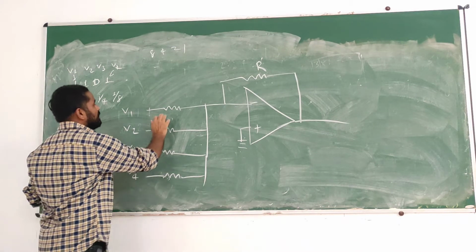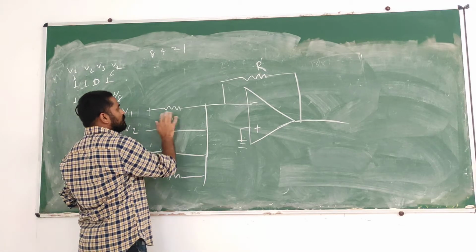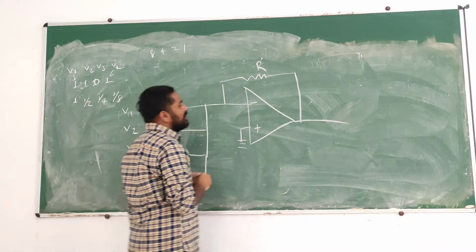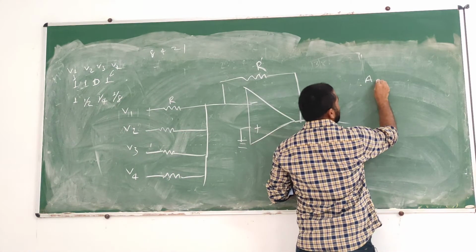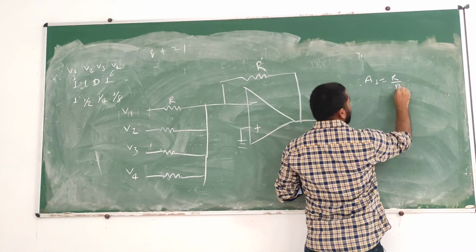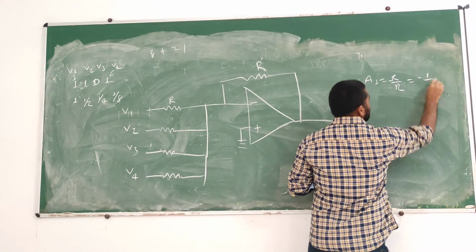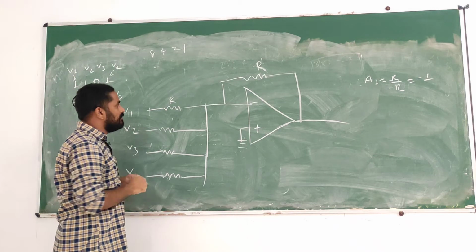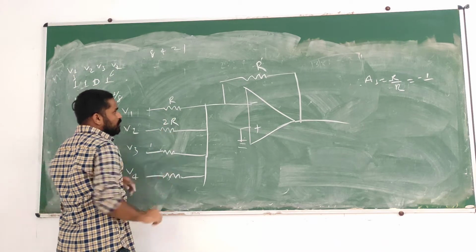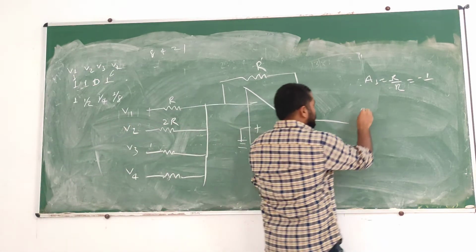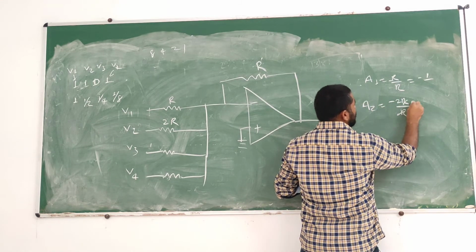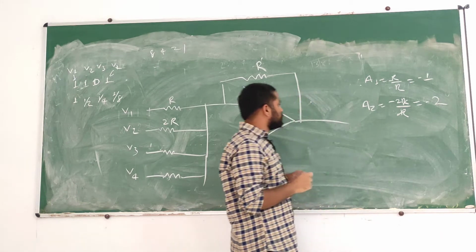Now if we keep the gain 1, then for that we need the input resistance the same, then the gain A1 will be minus R by R, which is minus 1. Now if you want to make the gain half, what you are going to do is 2R. The A2 gain will be minus 2R by R, it will be minus 2.